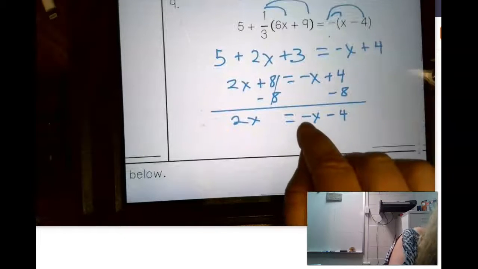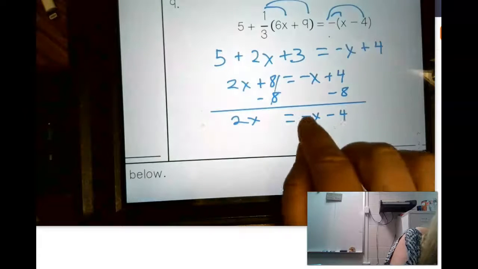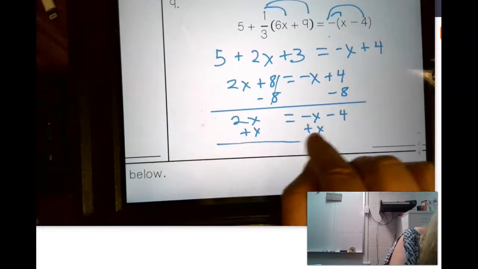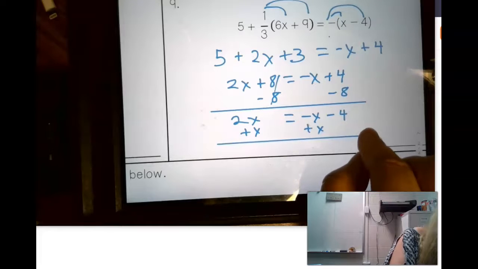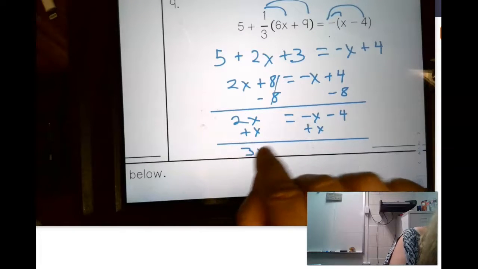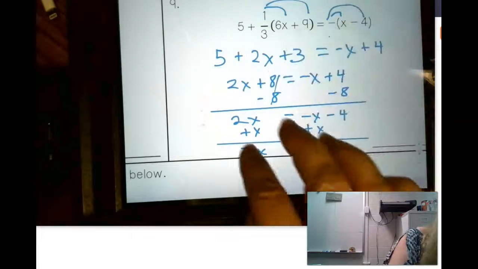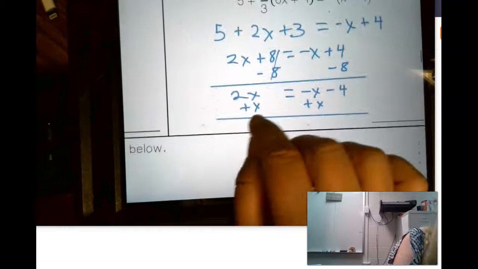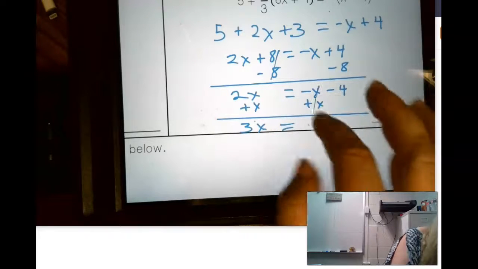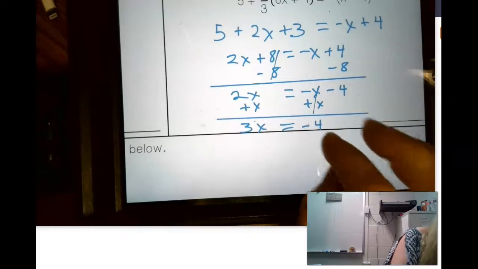Now I'm going to add x to both sides. Remember, when I'm adding the coefficients here, so 2x's plus 1x is going to give me 3x's. 3x. And then, that's a zero pair, equals negative 4.